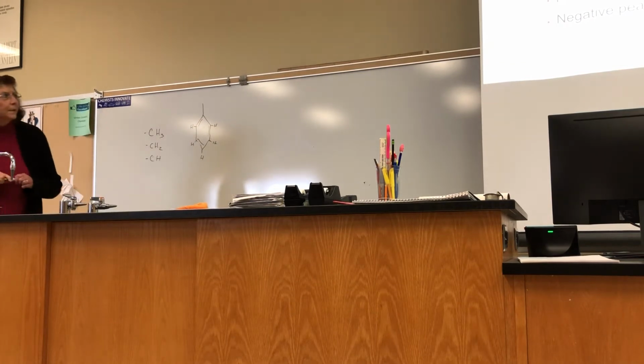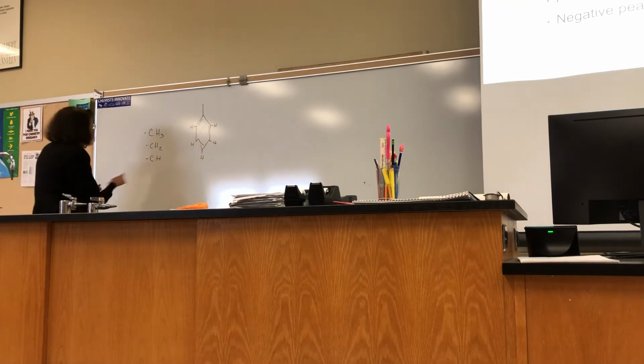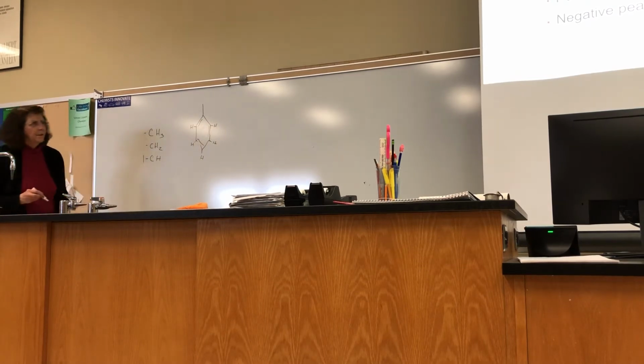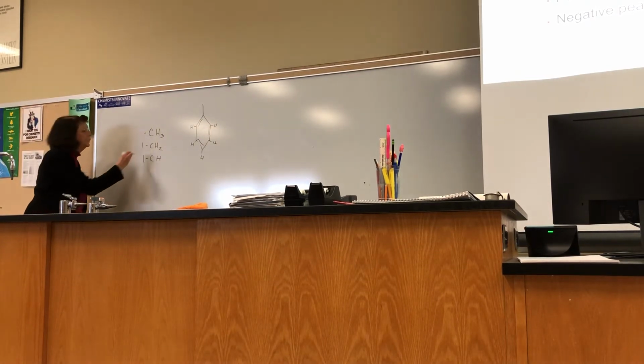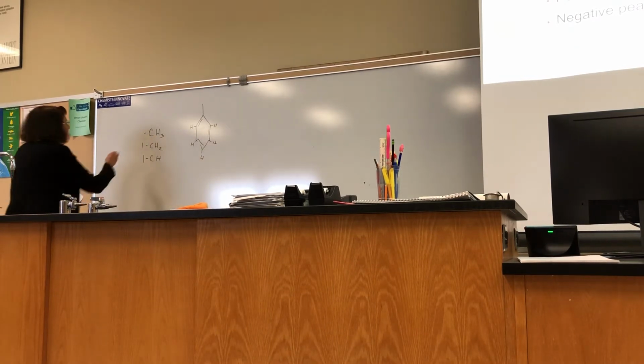Okay? So now we have the 31.8. So of everything else, we're going to have 1 CH, right? We're going to have 1 CH2, and we're going to have 1 CH3. So now work on it.